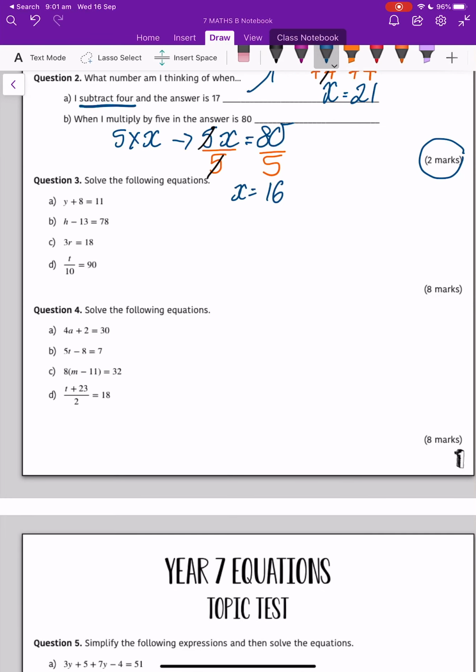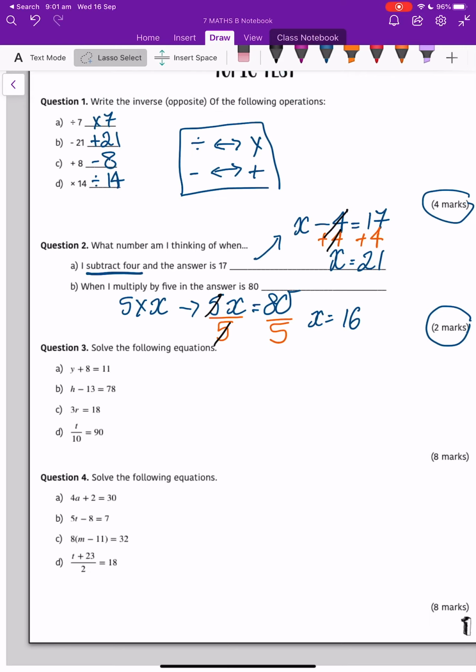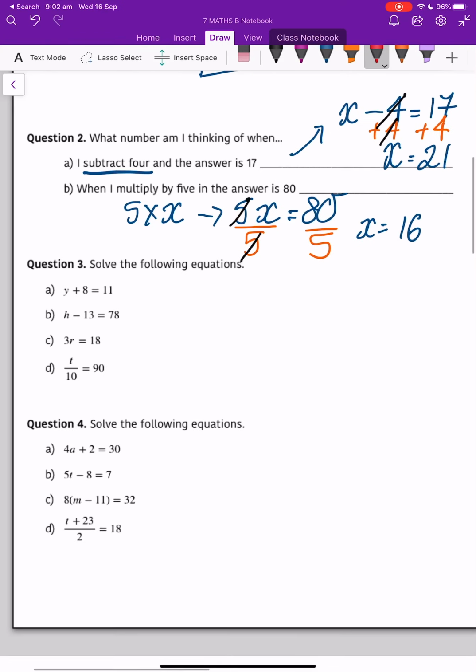Question 3. Solve the following equations. Part A says y plus 8 equals 11. So in order to solve these equations, we just need to get the pronumeral, so the letter by itself.